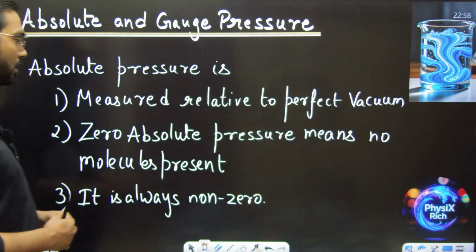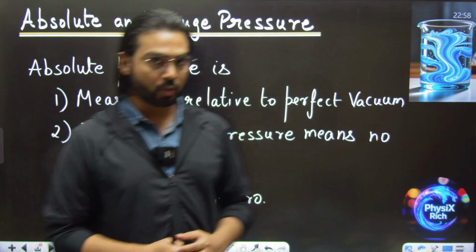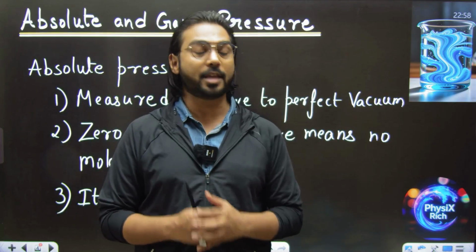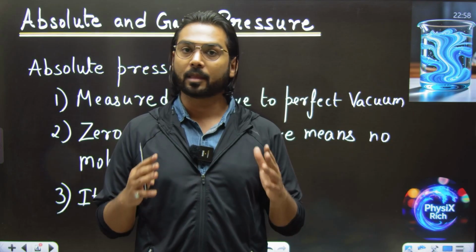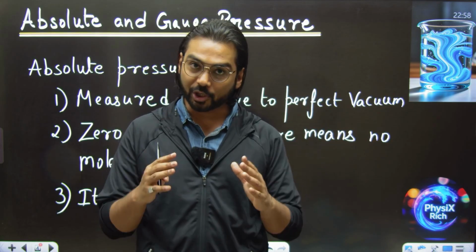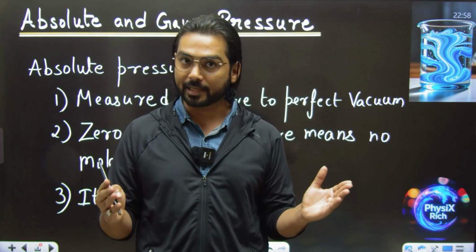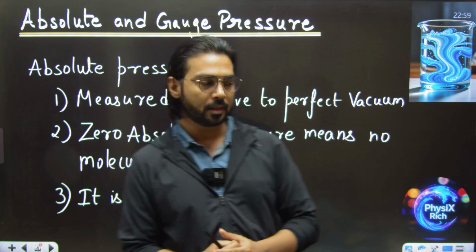Now, what is the meaning of zero absolute pressure? Dear students, zero pressure means there is no force at all. It means there are no molecules hitting, and that means you are in vacuum. There is no pressure in vacuum. Why is it? Because there are no molecules that will hit. Okay, makes obvious sense. Moving on.